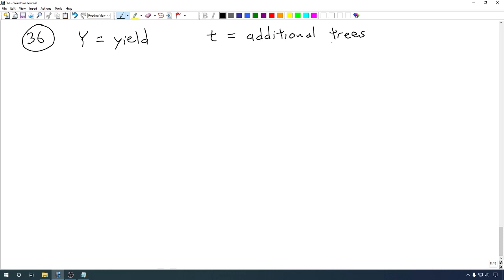Now, technically, we could write this in terms of just total number of trees, but because everything is worded in a way where we start with 16 trees and put additional ones, it actually will make it a little easier to make our function if we do t as additional trees. So when t equals 0, that means we have 16 trees. When t equals 1, we have 17, and so on. It's just a different way of phrasing the problem.